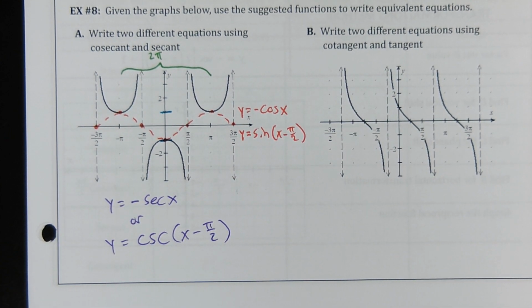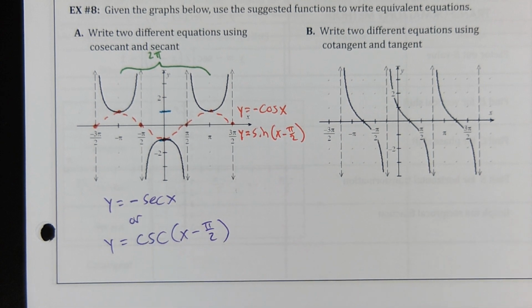Ta-da! Not bad, right? If your sine and cosine skills are really good, then your secant, cosecant skills are really good. You just write the other function. I mean, that's literally it.